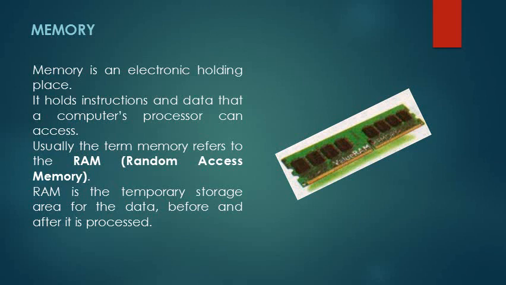Similarly, information is placed inside the memory after processing, and as information is moved forward towards storage devices or output devices, it is removed from the memory. So RAM and memory is the temporary storage area for both data and information.